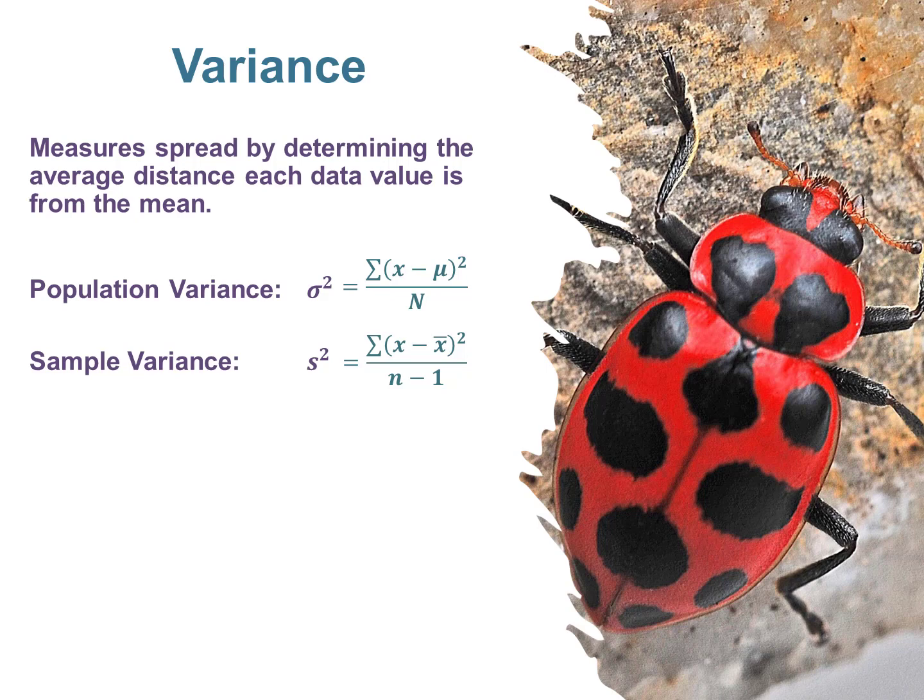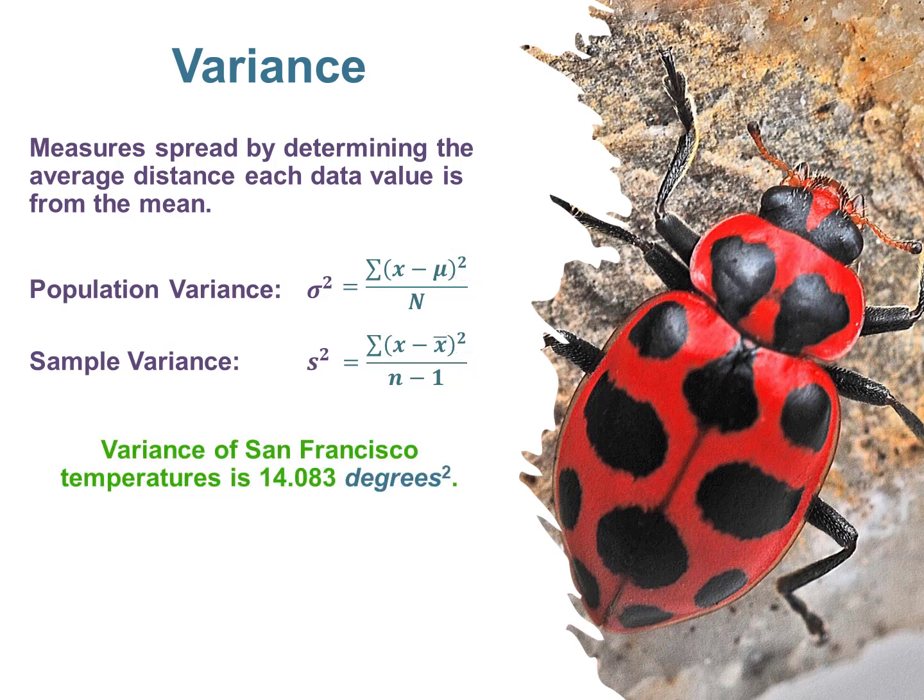One problem with using variance as a measure of spread is that it results in units that are hard to interpret. Because all data values are squared in the formulas, the units will be squared units. If we were to calculate the variance of the temperatures, our units would be degrees squared, which is kind of hard to get one's head around.